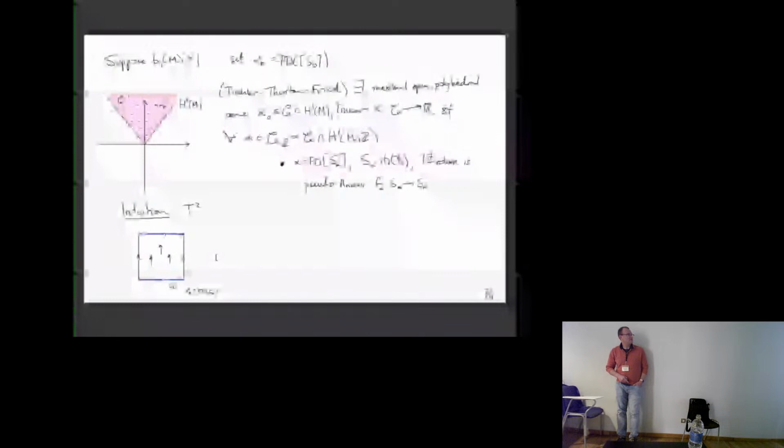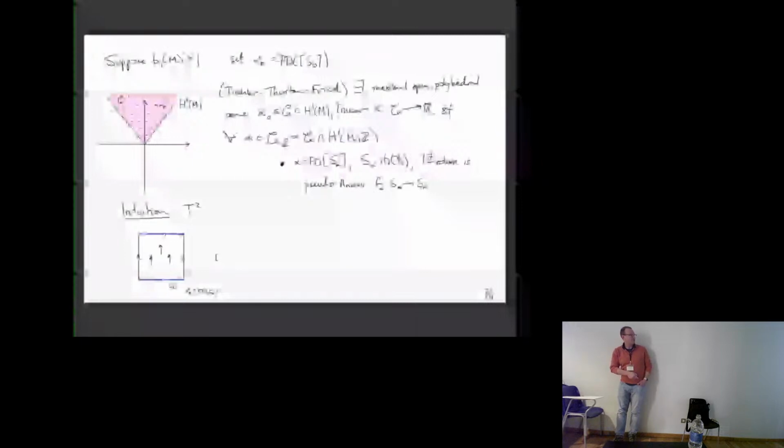What's the cone? Oh, the picture, I see, the colors just aren't showing up. The cone is actually the entire upper half plane, right? Because these are cohomology classes. They're represented by curves which are not vertical. And those curves are transverse to this flow. And when you look at the first return map, it's going to be a rotation.